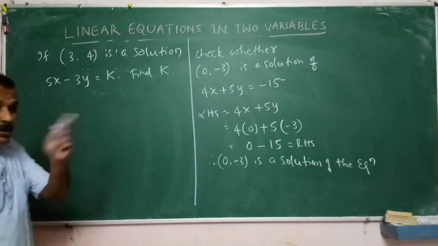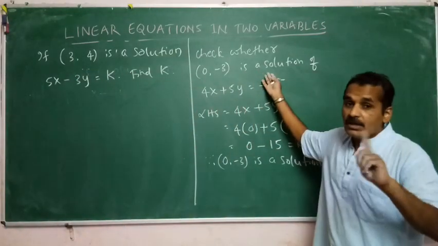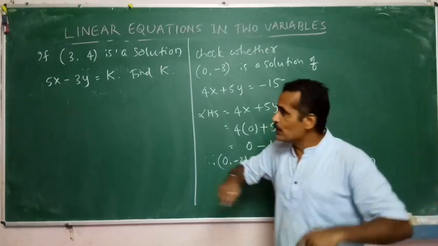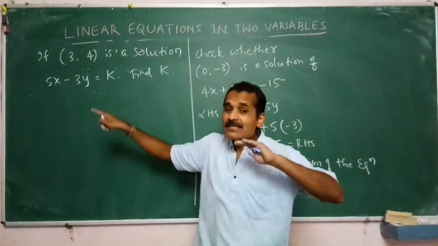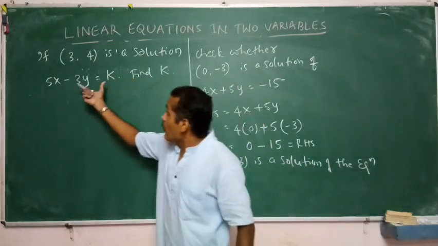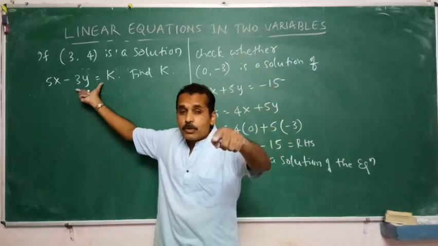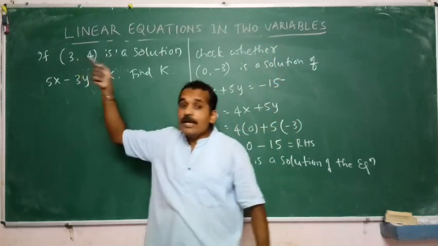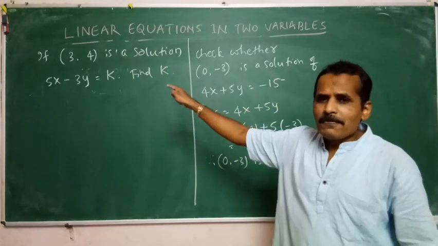See, I have not asked you to check whether it is a solution or not. Myself I have given you that this is a solution for this equation. That is confirmed. It is confirmed that for this equation, among the infinite number of solutions, this is also a solution. And your work is to find the value of k.